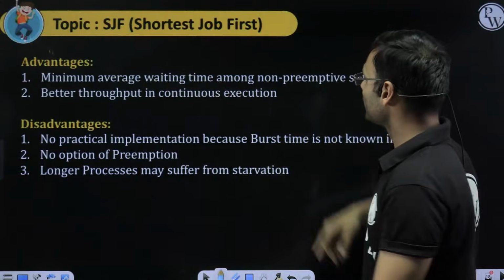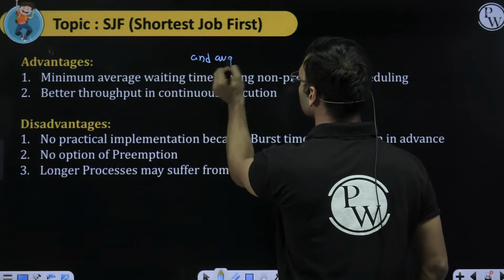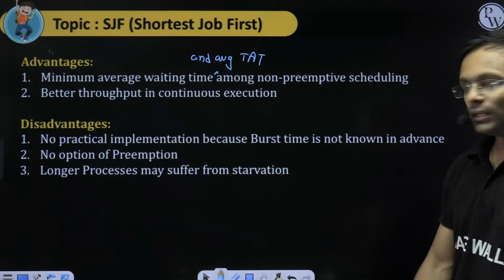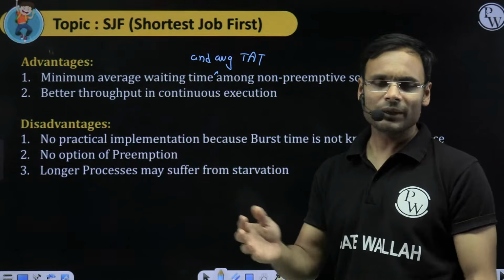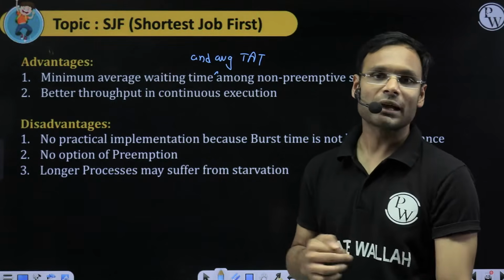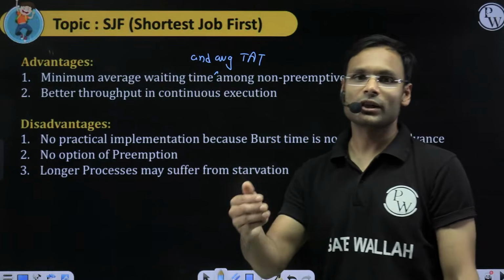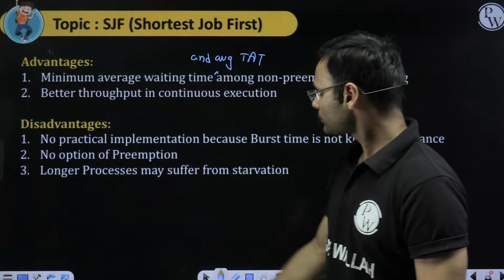It also gives better throughput in continuous execution. If processes keep coming, it can run more processes per unit of time, per second or per minute, because we execute smaller processes first, so more processes can be executed in one second.